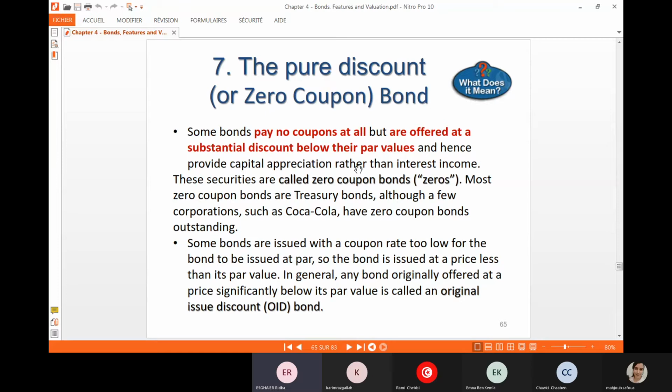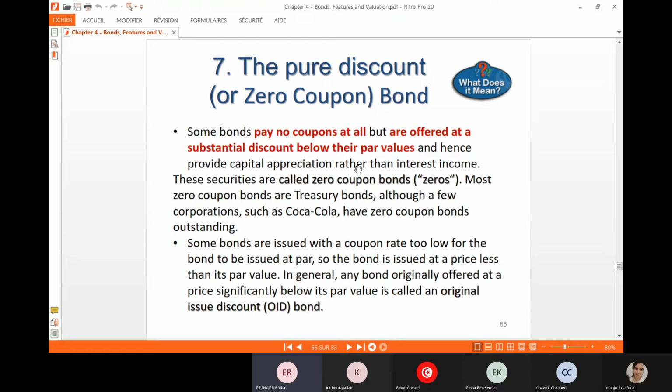It means if you buy, for example, a zero coupon bond, the value of the bond, the value that you have to pay today to buy it, will be simply the present value of the par value. Because each bond has a par value. Par value, for example, $1,000, $100, $5,000, etc.